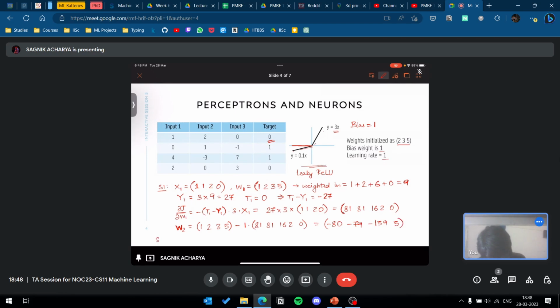Now for step 2, I will have x2 is equal to, sorry, I have to write the bias first, right? So it will be 1 0 1 minus 1, right? And my w2 is equal to minus 80, minus 79, minus 159 and 5.